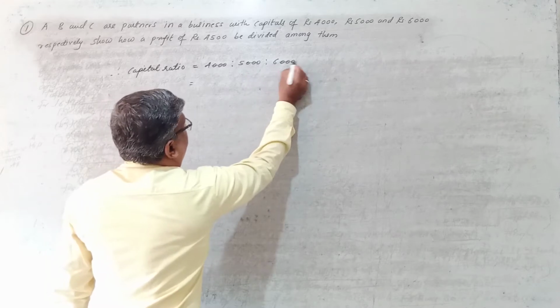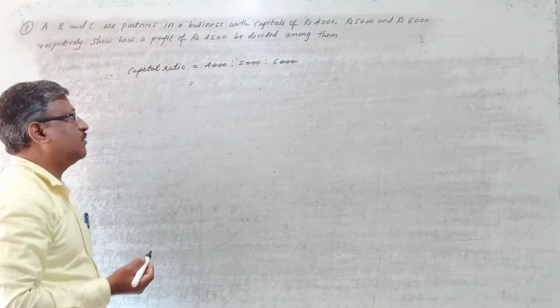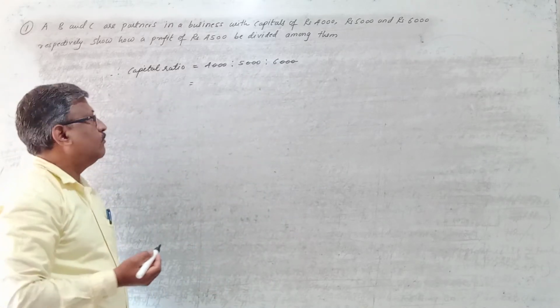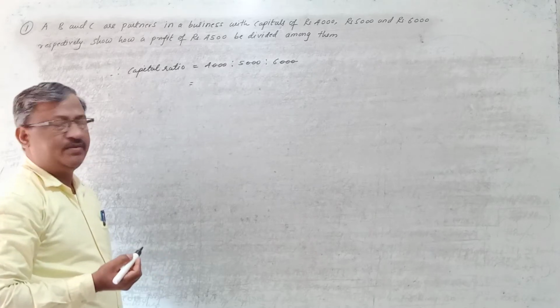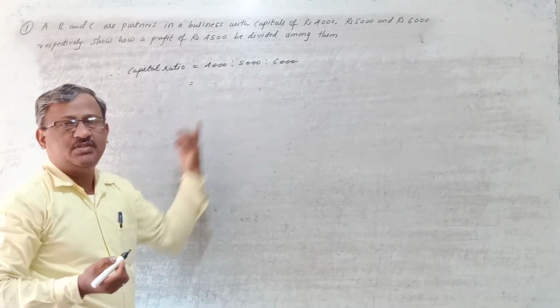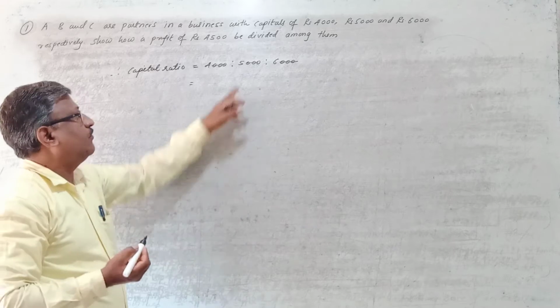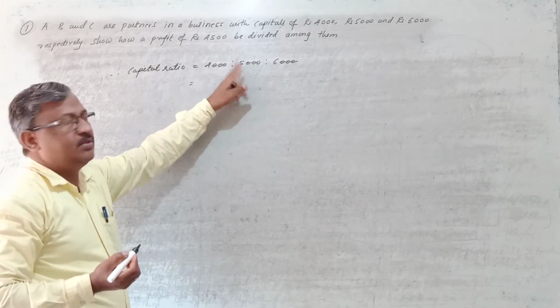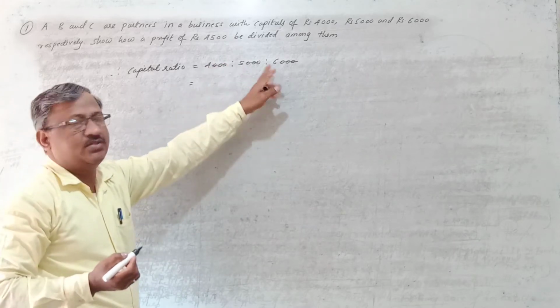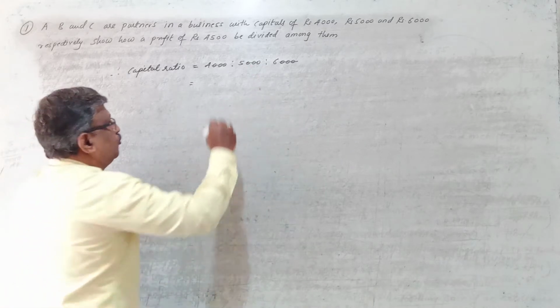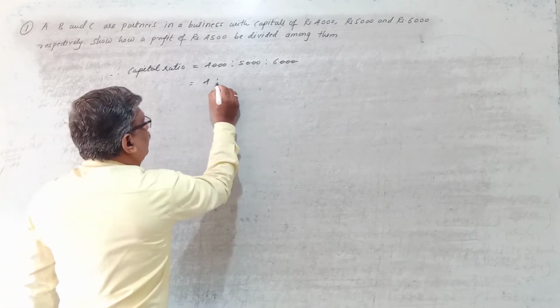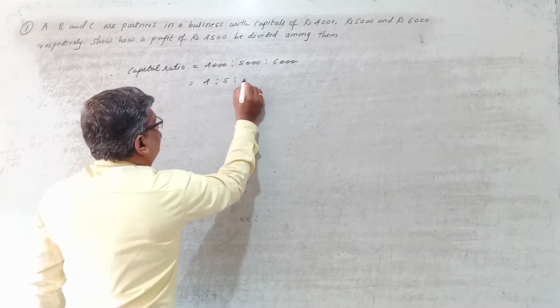Further, if the numbers are divisible, we divide. But 4 and 6 are divisible by 2, while 5 is not divisible by 2. 5 is divisible by 5, but 4 and 6 are not divisible by 5. So my ratio remains 4 is to 5 is to 6.